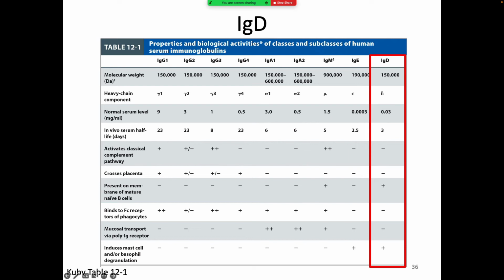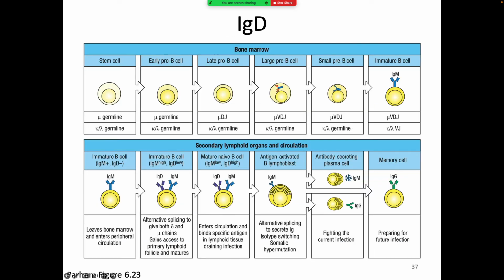And most immunologists, when they think of IgD, they think about it as being a flow cytometry marker that we use to name certain B cell subsets. And it actually doesn't do anything. It just so happens that it is on certain kinds of B cells, and we use it for B cell marking.